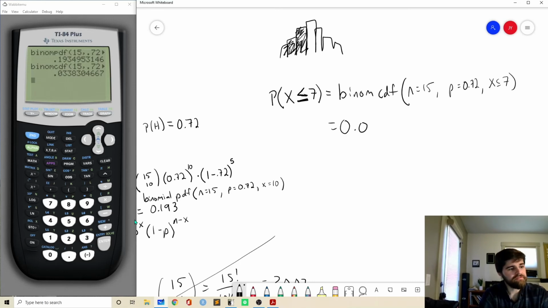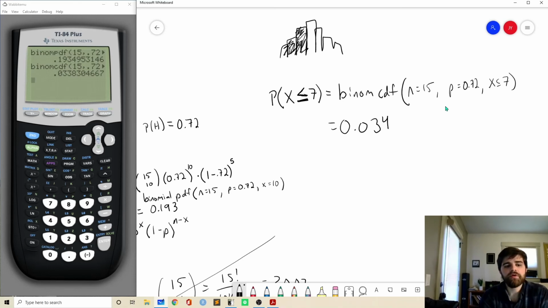We get a chance of 0.034. So the more I flip this coin, the more likely you are going to lose, because I'm better at getting heads, so the more we flip, the more likely I am to get a majority of heads.